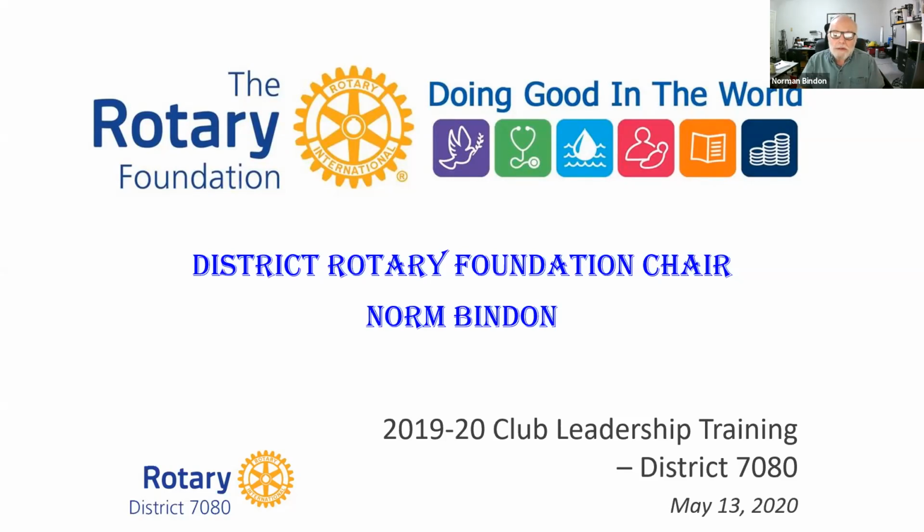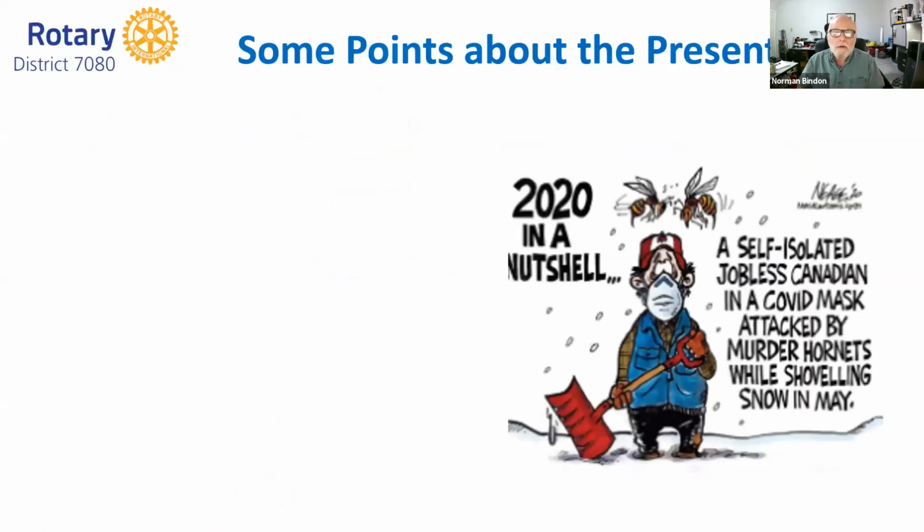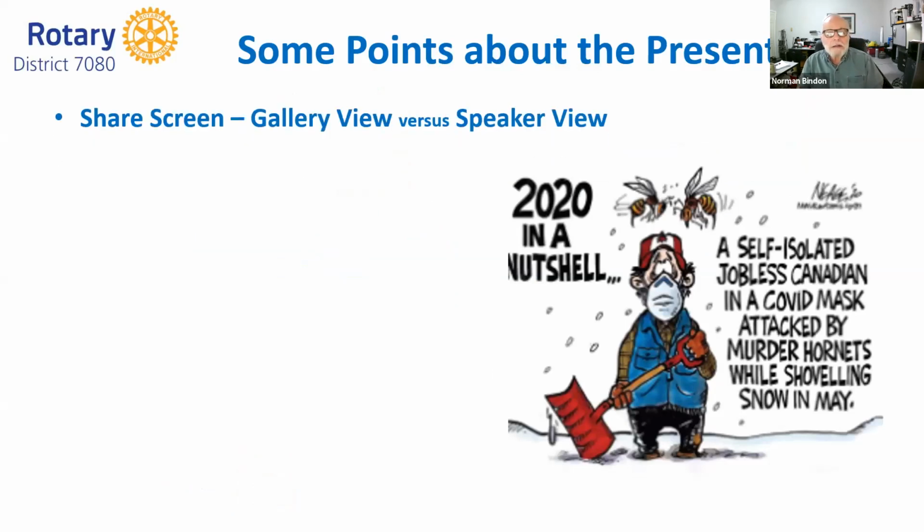Just a couple of tips before we move into the main session. It's been pointed out that there can be some problems with you seeing the shared screen. Right now you should see a slide with some points about the presentation and a little cartoon about jobless Canadians. For some platforms, if you're in gallery view, which shows you all the talking heads, you may not see the share screen.